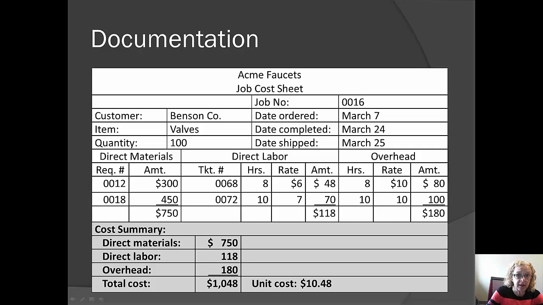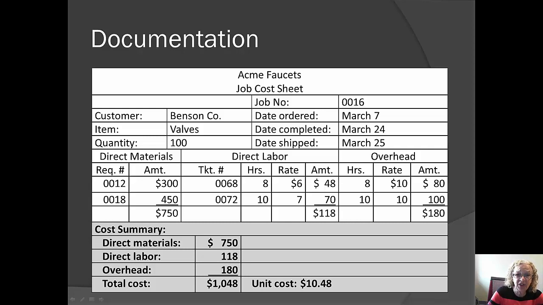In addition, this type of document is very useful for external auditors who need to be able to trace various components of the financial statements to determine where those numbers came from.